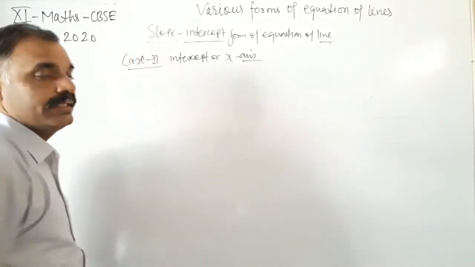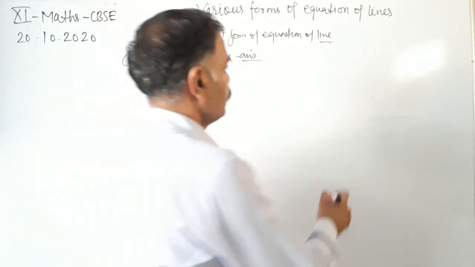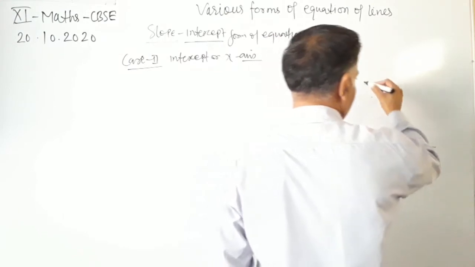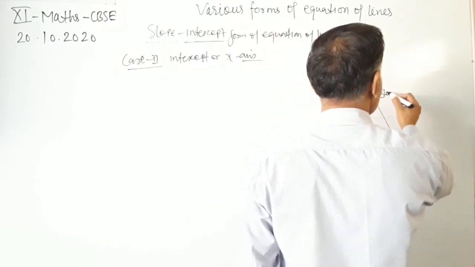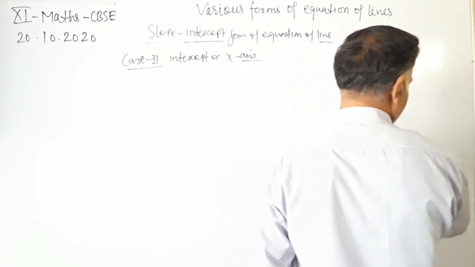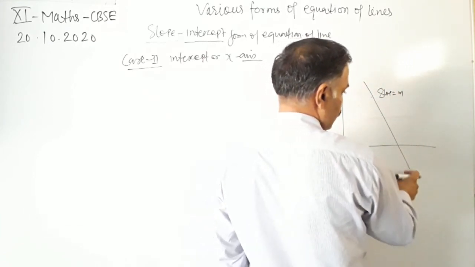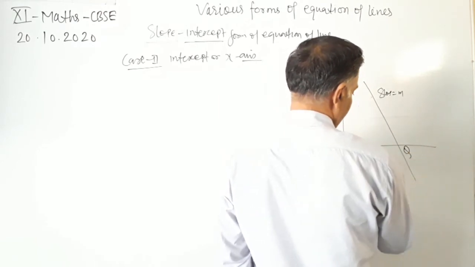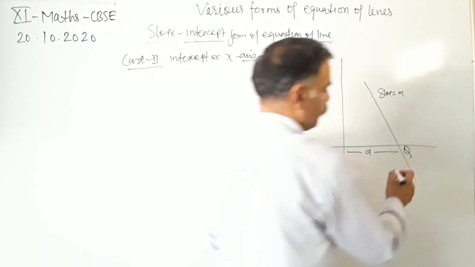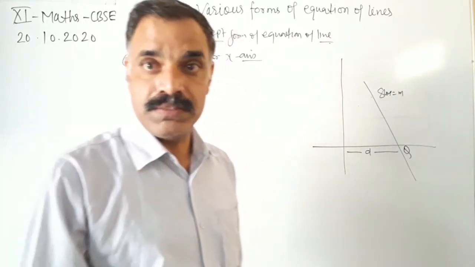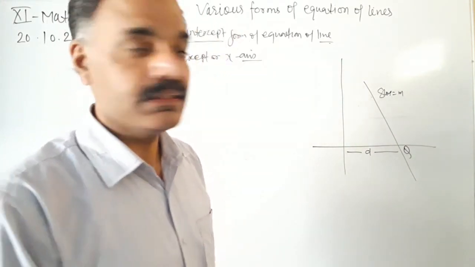So this is y-axis, this is x-axis. Line having the slope m and intercept on x-axis means this line is intercepting x-axis at a point Q at a distance of d units from the y-axis. Okay, so x-intercept is d.